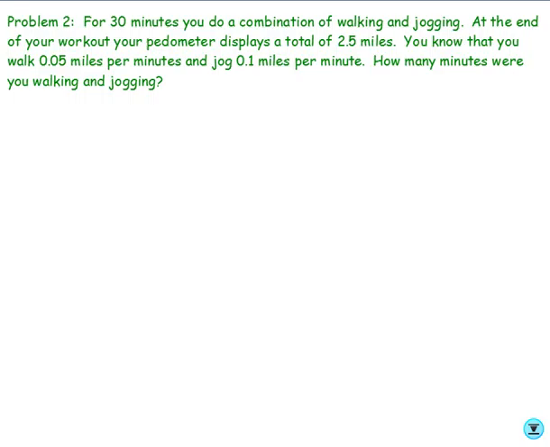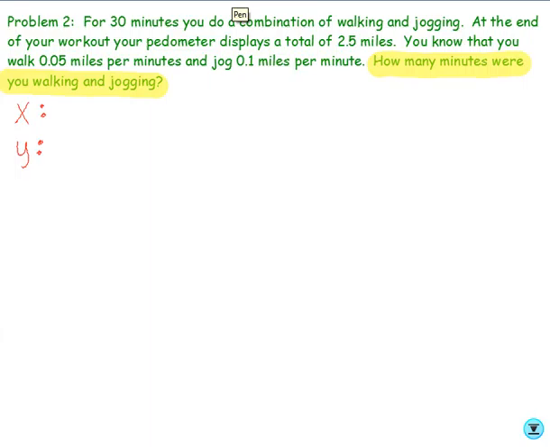So if you remember from the first example, our first goal is to decide what X and Y represent. Well, look at your question. Your question asks, how many minutes were you walking and jogging? We're focusing on minutes.